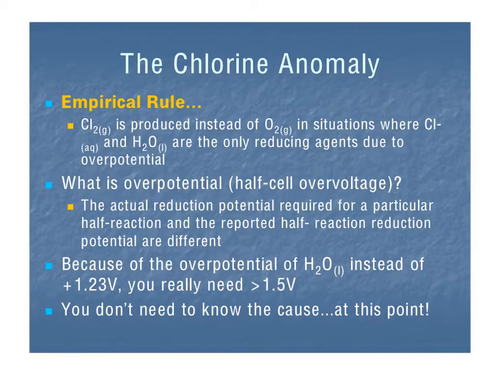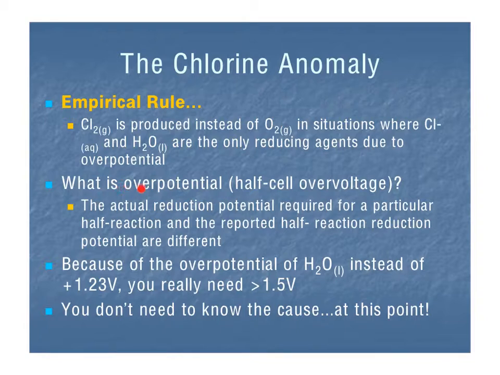This is the definition of the chlorine or chloride anomaly. Chlorine gas will be produced instead of oxygen gas in situations where chloride ions and water are the only reducing agents, due to the overpotential.